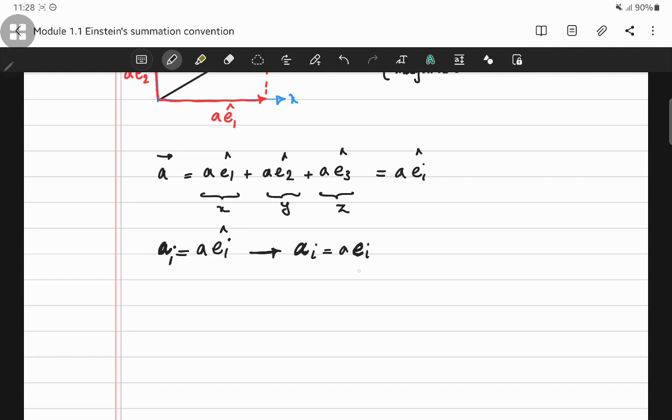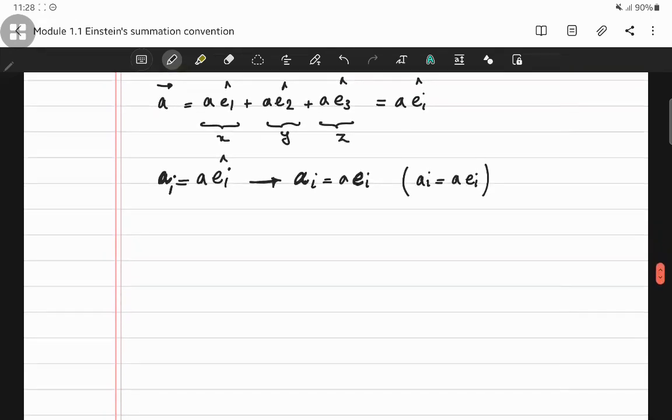So you should know that this is a vector and this is a vector, so these are different from this magnitude here. But during writing, I simply write a_i equal to a e_i. When e_i comes, you know that this gives the direction for what we want.